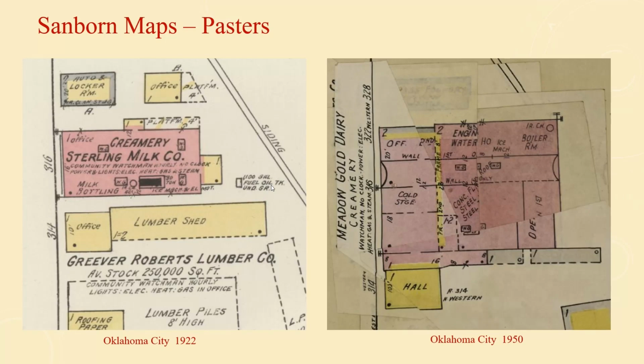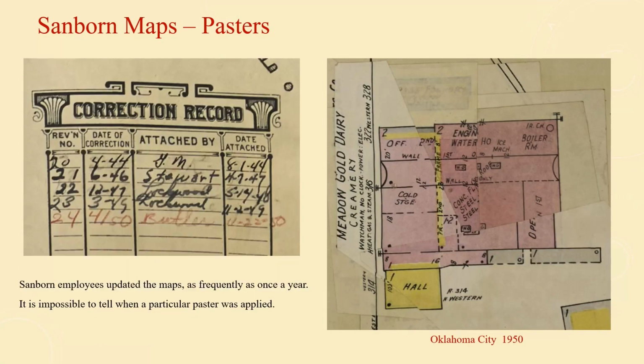And for a researcher, it's frustrating because there's something underneath there. You can sometimes see there's a little transparency over here, and you can see under one of them there's a building that wasn't there in 1922, and then it was there, and then it was pasted over, so it's not there anymore. And the thing about these pasters is you just don't know when each particular paster was put on there.